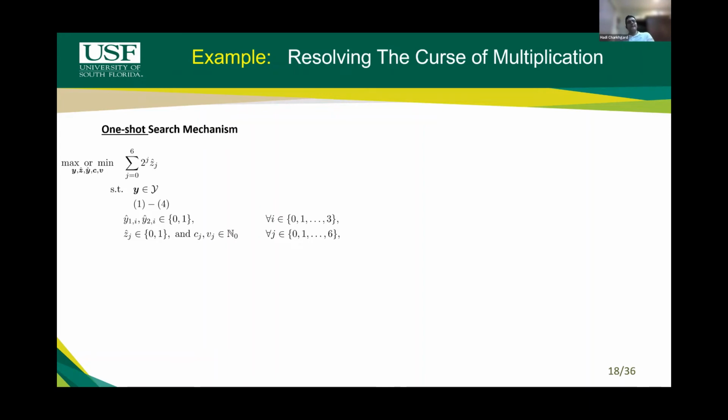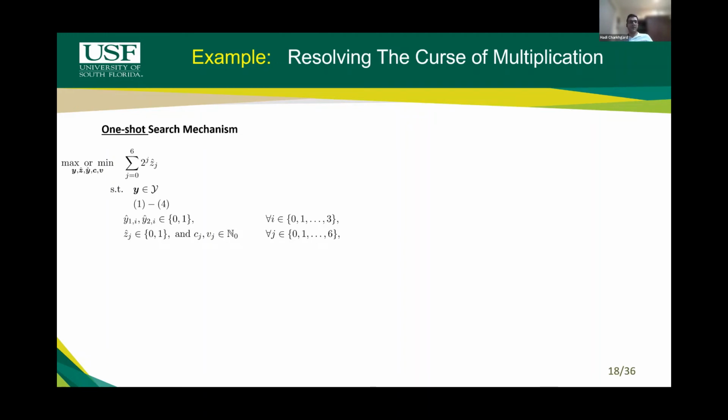And in order to solve this integer linear program, one way is to solve that integer linear program directly. I call that approach the one-shot search mechanism.